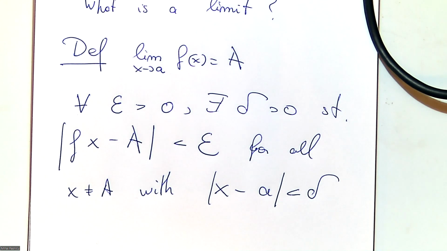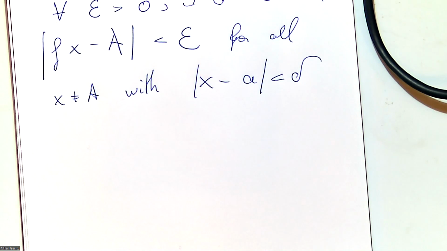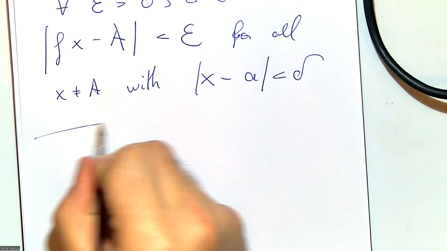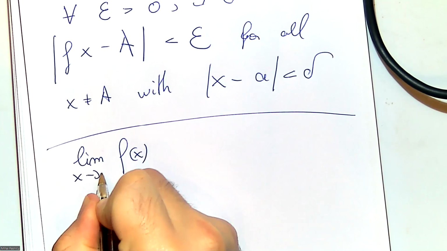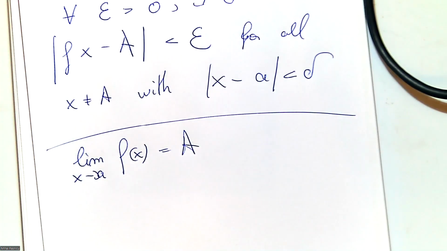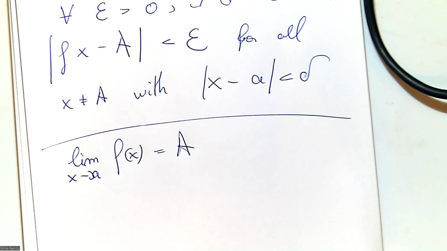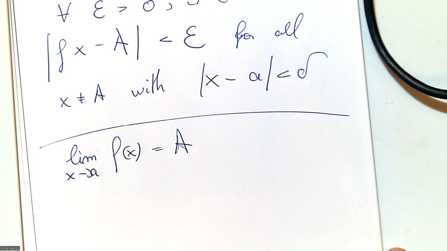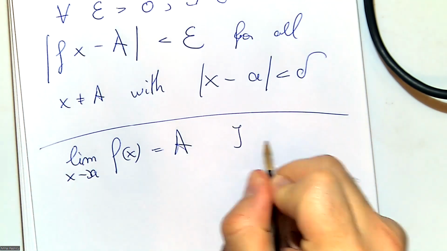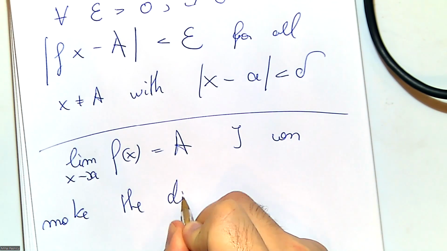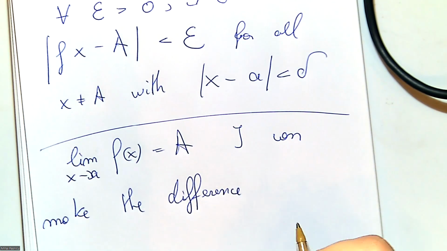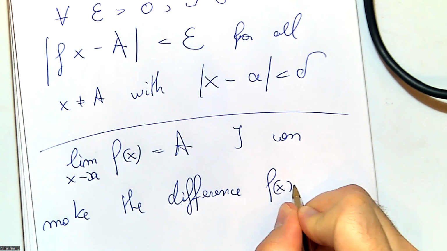Now, the English translation sounds like this, and I'll actually draw the English translation. When I'm saying that the limit of f of x when x goes to a is big A, I'm basically saying that I can make the difference, the absolute value of f of x minus A, as small as I want for x sufficiently close enough to a.